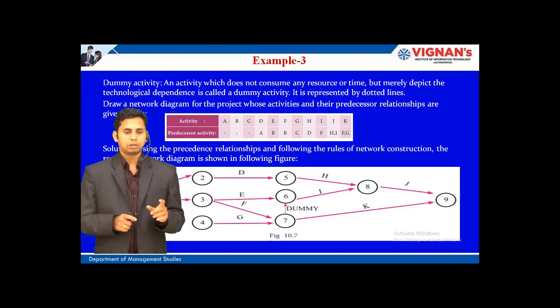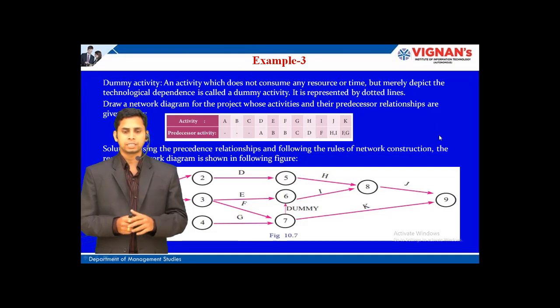So for drawing I, F alone must be the predecessor. So how can F alone be the predecessor? That's the reason why we can use the dummy over here. When you use a dummy, F alone can become the predecessor for I. So we have used a dummy here, drawn with a dotted arrow, a dummy activity with duration 0.